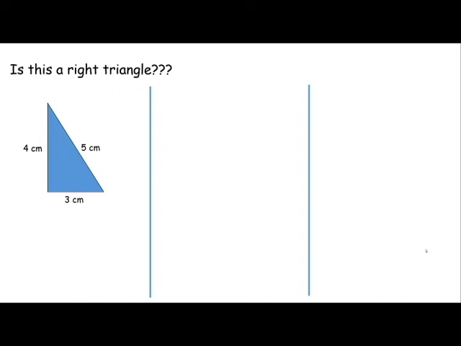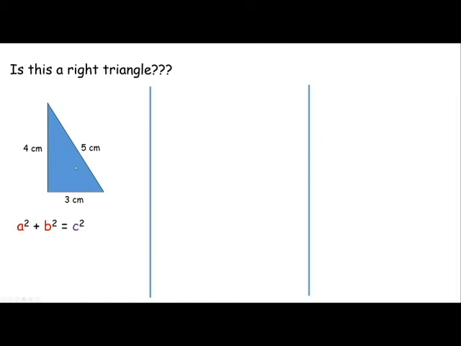So here's how we're going to use this. I might say to you, is this a right triangle? Or I might say, prove to me that this is a right triangle. Well, I have one side that measures 3 centimeters, one side that measures 4 centimeters, and one side that measures 5 centimeters. If this is indeed a right triangle, the longest side is going to have to be the hypotenuse, which means I can take the Pythagorean theorem, a squared plus b squared equals c squared.